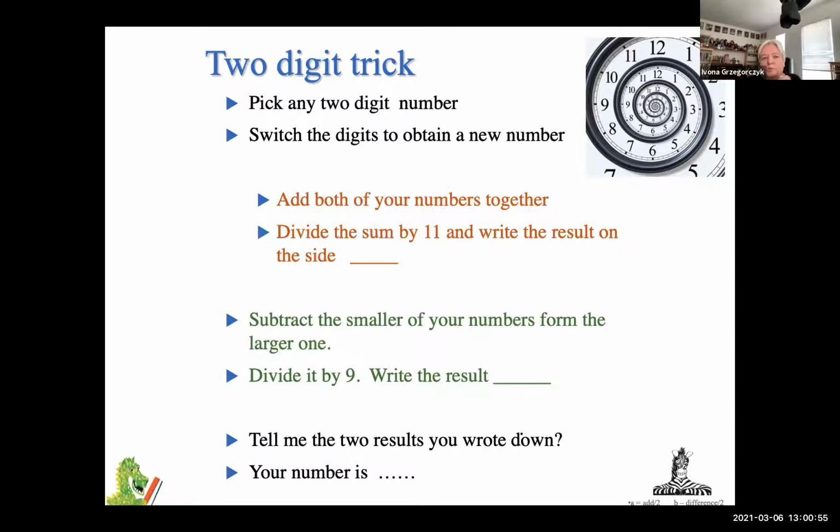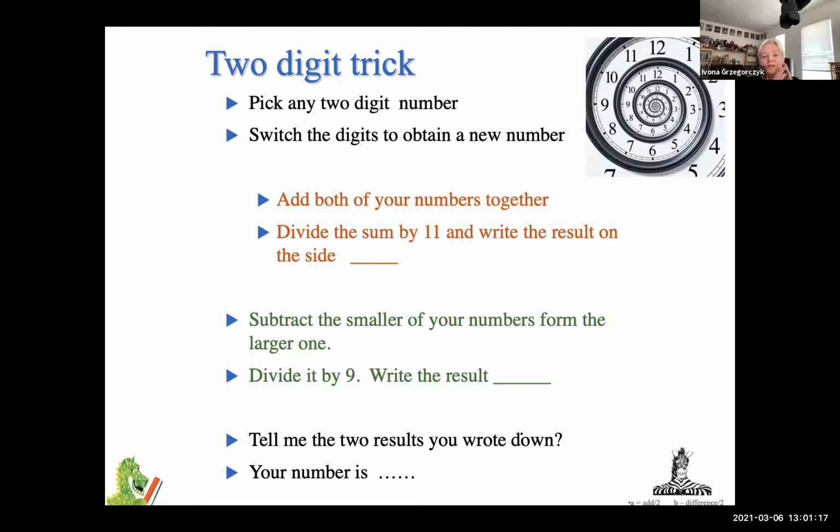Add both of these numbers together. And then what you get should be divisible by 11. So divide it by 11, and you're doing it for my benefit, so I don't have to do it. And keep this number, because I will be asking you about this number.